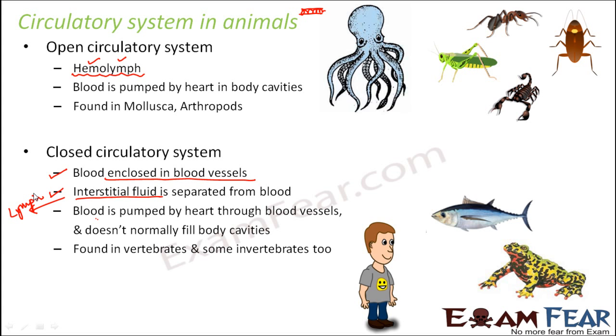So all vertebrates have closed circulatory system, whether you talk about human beings or you talk about fishes or amphibians, reptiles. So all of them have a closed circulatory system. So now here in this lesson, we will specifically talk about the closed circulatory system, and that too we are going to talk exclusively about the human circulatory system.